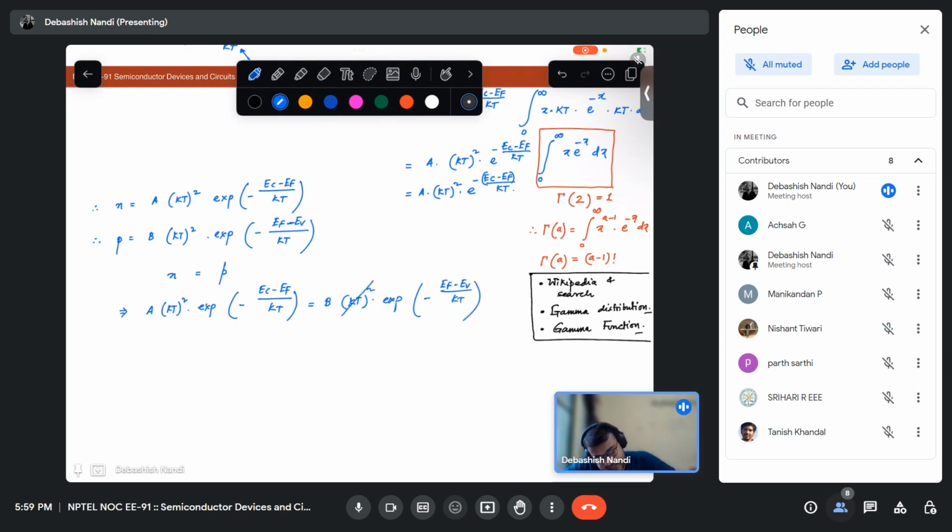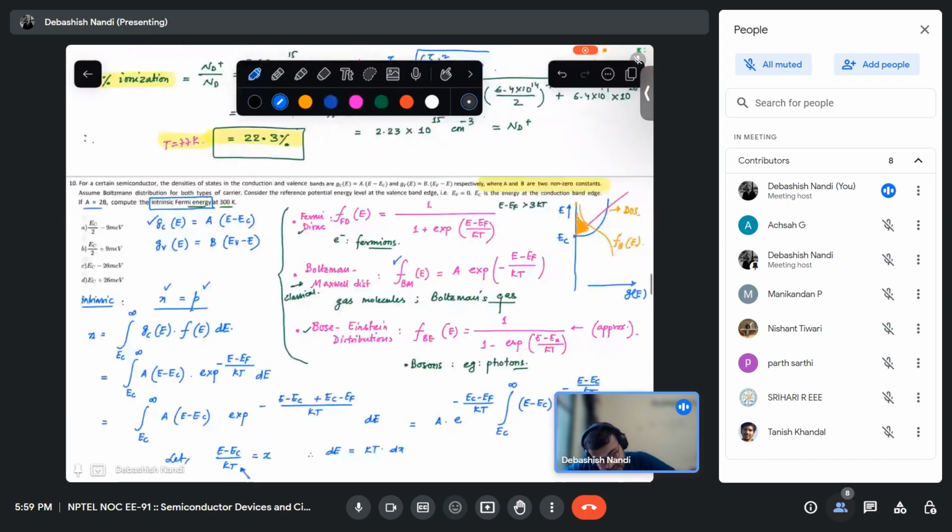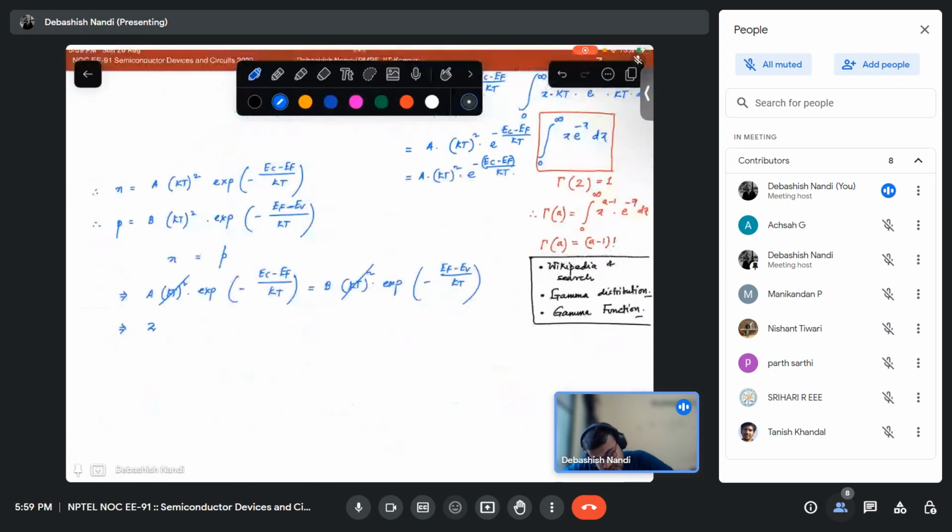So this will get cancelled, and it is also mentioned that a is equal to 2b. So there will be 2. If it is 2b, then b will also get cancelled, and if I take exponential to that side, it will be minus Ef minus Ev minus Ec plus Ef over kT.